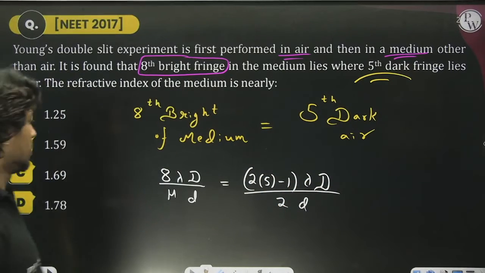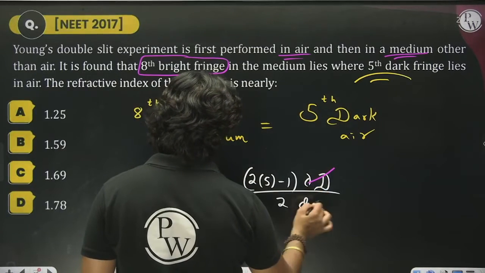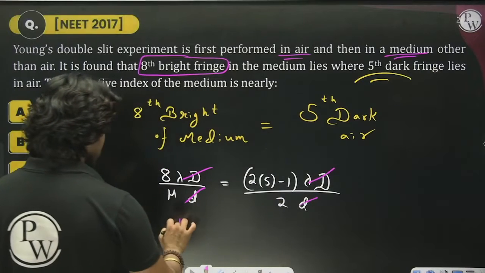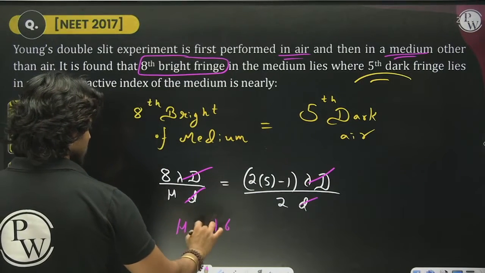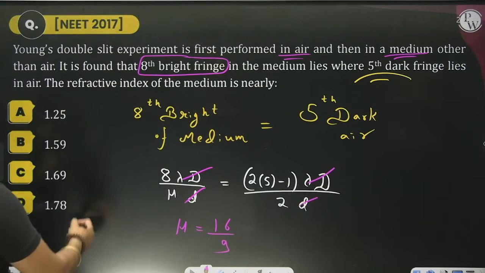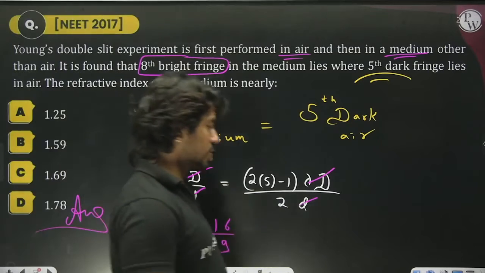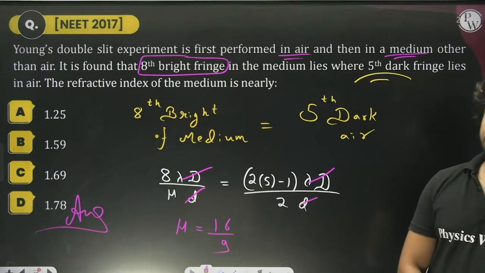So from here, this gets cancelled out, and we are left with mu equals 16 by 9. This is going to be 1.7 something. So the answer is going to be D.